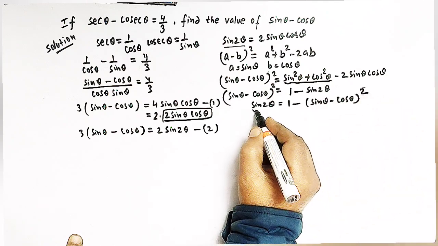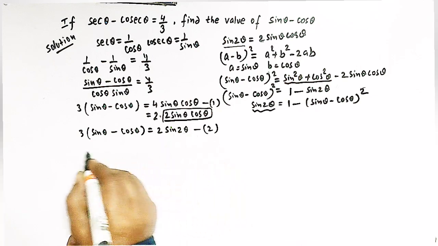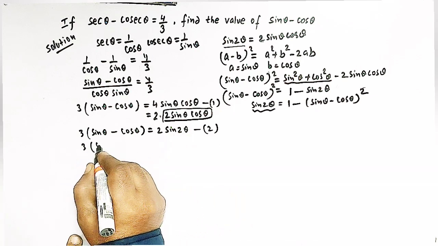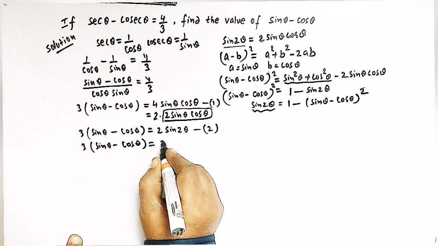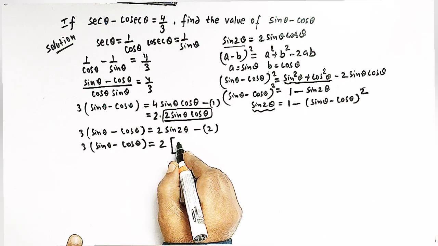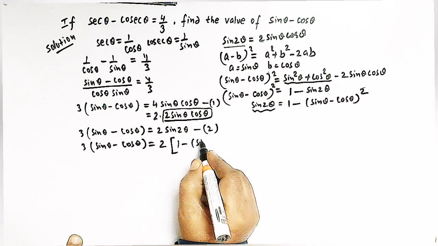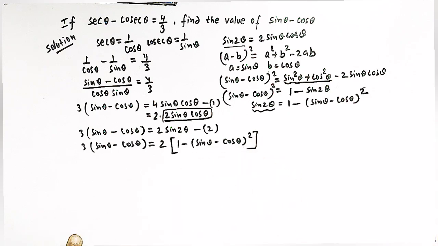Let us substitute the value of sine 2 theta in equation 2. So we have 3 times sine theta minus cos theta is equal to 2 times sine 2 theta, and sine 2 theta is 1 minus sine theta minus cos theta square, right?